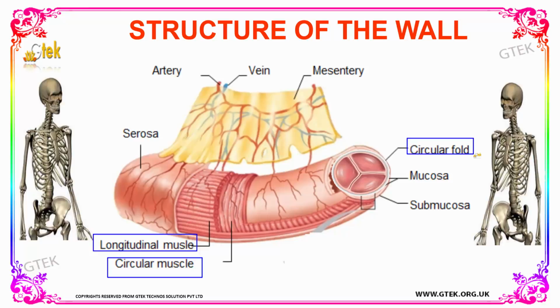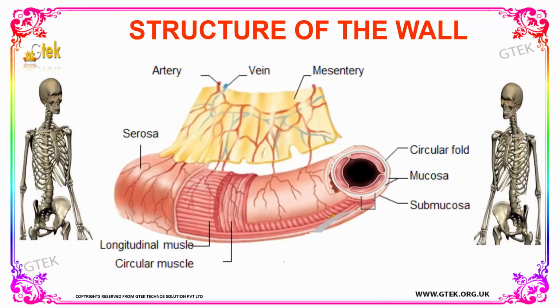Then we have the circular fold, mucosa and submucosa. So these parts form the structure of the wall of the alimentary canal.